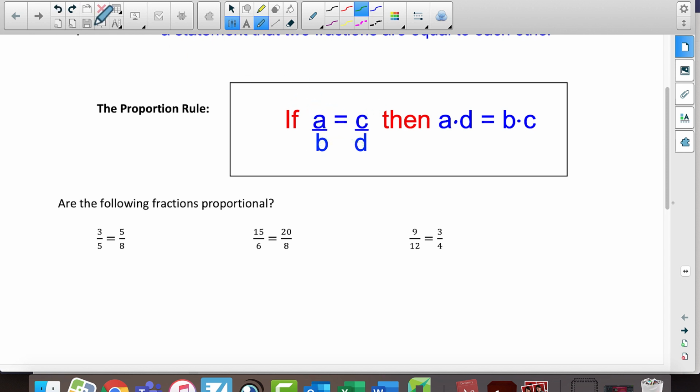So, darn it, what was the one I had up here already? I think I had 5 over 12 is, I can't remember what I had, 10 over 24 or something like that. So what I'm saying is, because of this rule, I would know these are proportional, because if I multiply 12 times 10, I get 120. And if I multiply 5 times 24, I get 120. I get the same thing, so they are proportional.